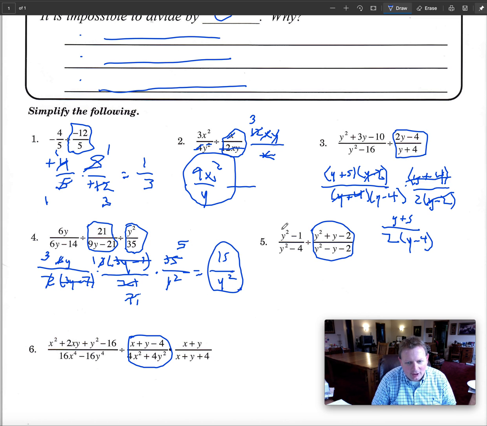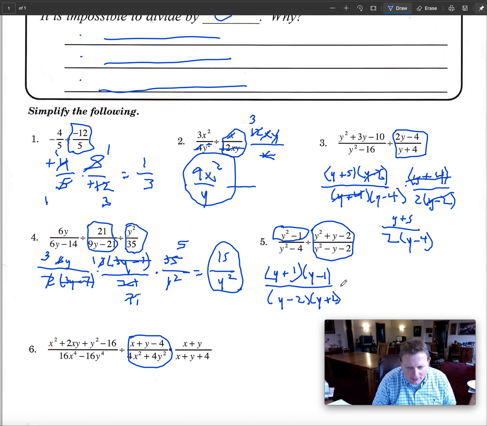So what will factor here? Well, this is the difference of squares. Remember, a squared minus b squared. So that factors into y plus 1 times y minus 1. The bottom factors into y plus 2 times y minus 2. And then we're going to flip and factor, because I can't write that much with this mouse.